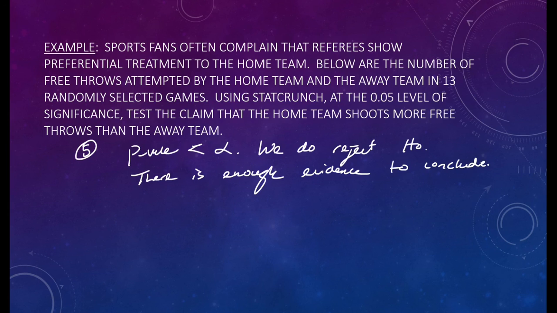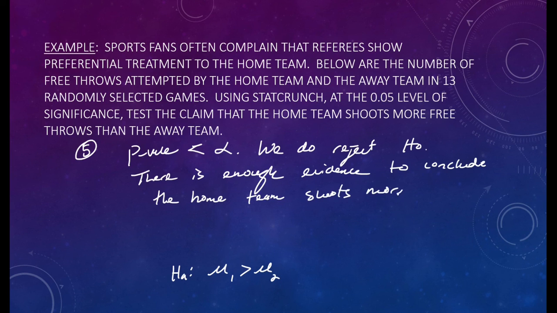And remember, our conclusion is always in terms of HA. Let's remind ourselves what HA was. It was the mean of the first group is greater than the mean of the second group. So we have to put this in words. We do reject the null hypothesis. There is enough evidence to conclude the home team shoots more free throws than the away team.